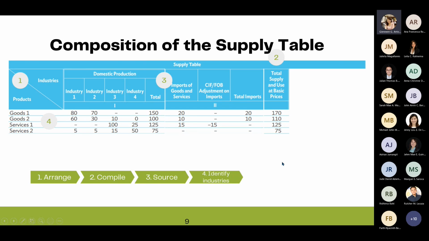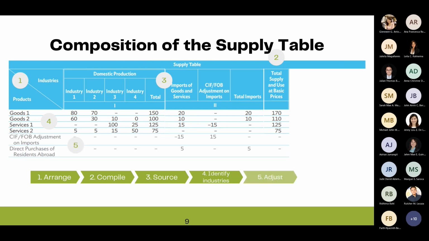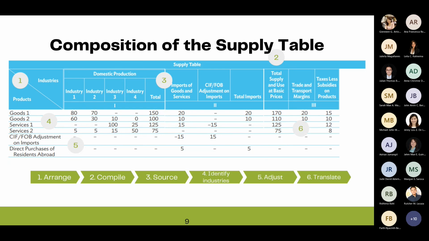And then, as I mentioned earlier, there are some valuations and adjustments that we do along the way to account for purchases by residents abroad, to exclude purchases by non-residents in the home economy, and then we translate the table in basic prices into supply at purchasers' prices by including trade margins, transportation margins, and taxes on products. And we also exclude subsidies on products. So now, if you notice here, of course we have here total supply at basic prices.